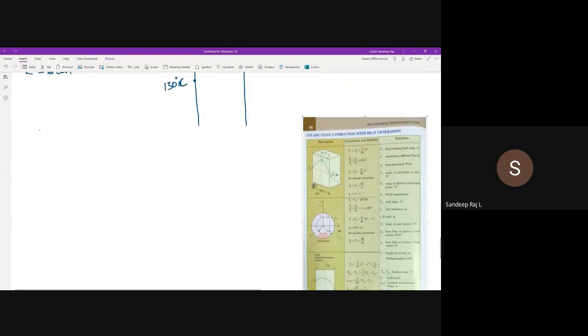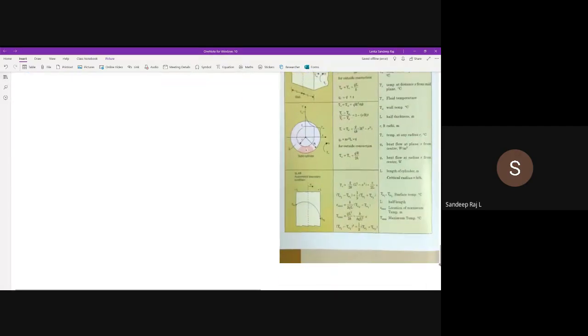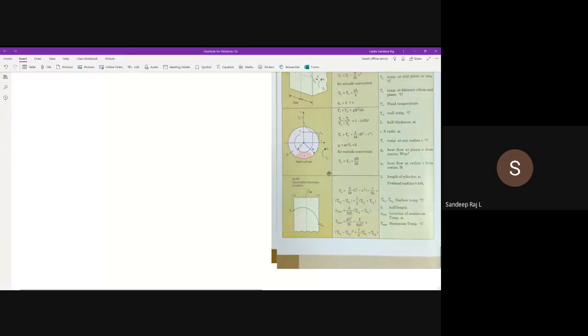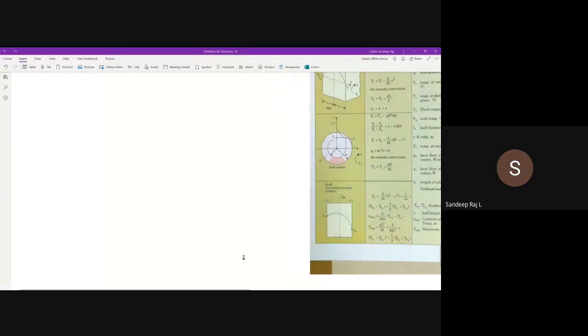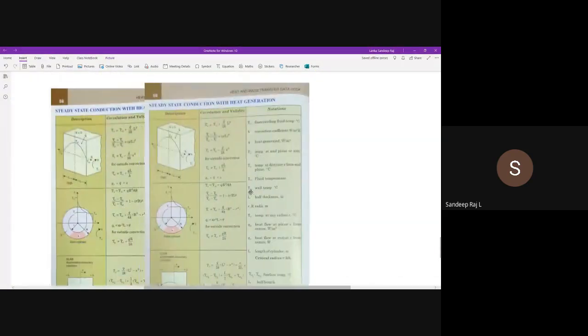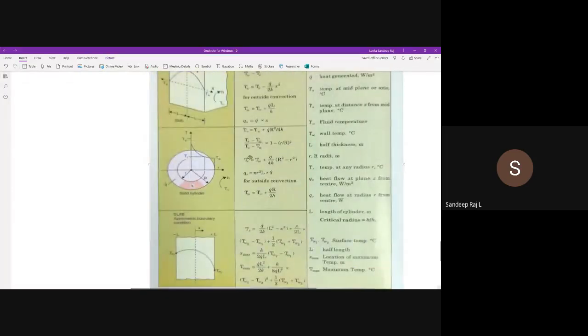Okay, so can you see it? Is it visible to you now? Are the letters visible to you? Somebody please confirm if they're able to see the letters here.